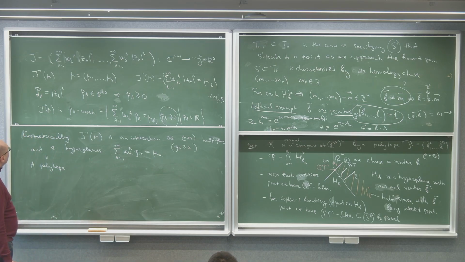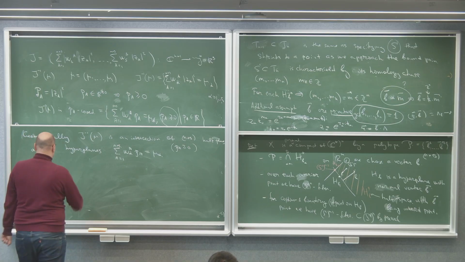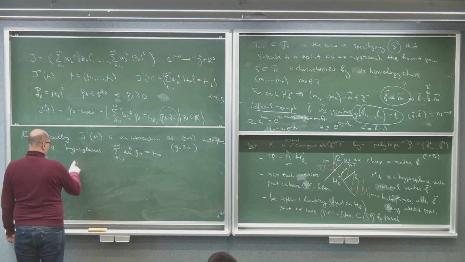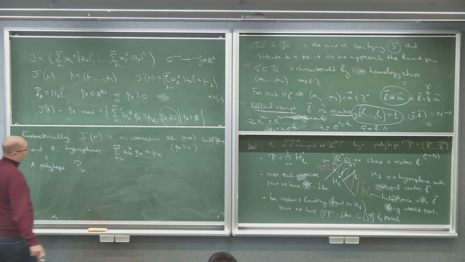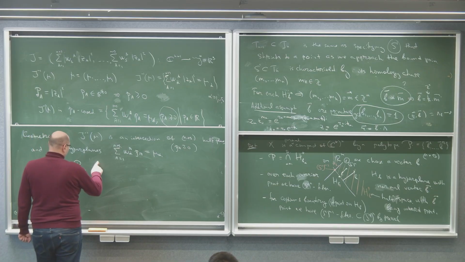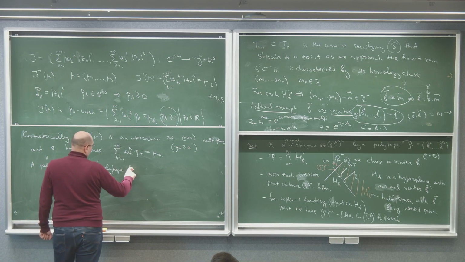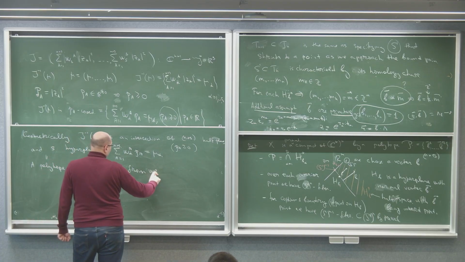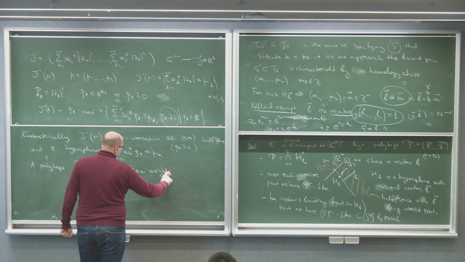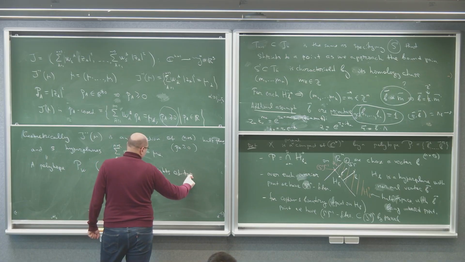And the statement is that this polytope, let me call it P with subscript W. So it's a polytope constructed from weights, from weights to detection.